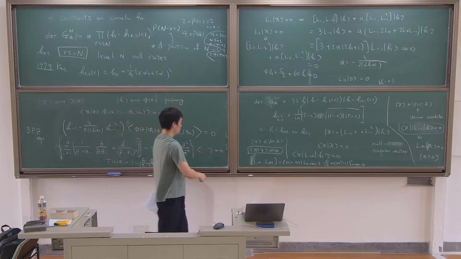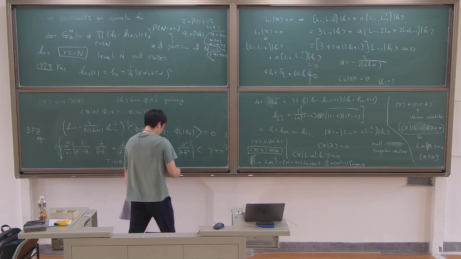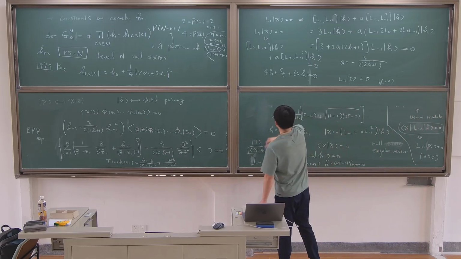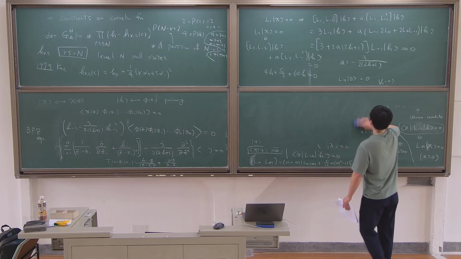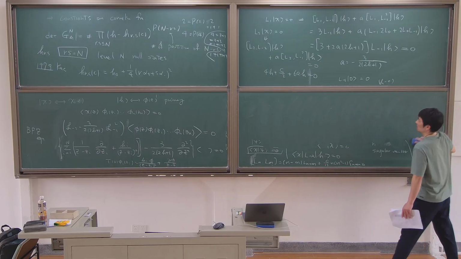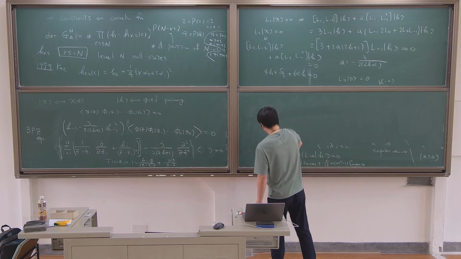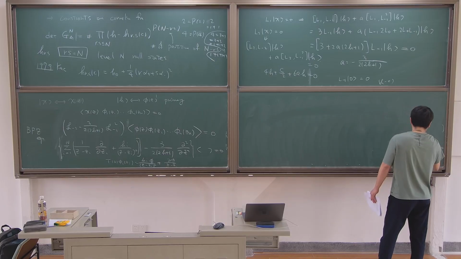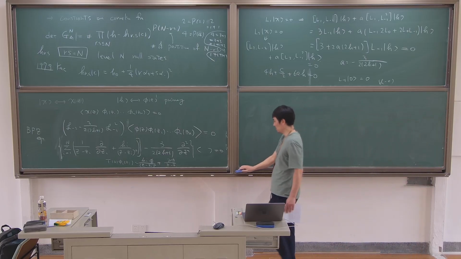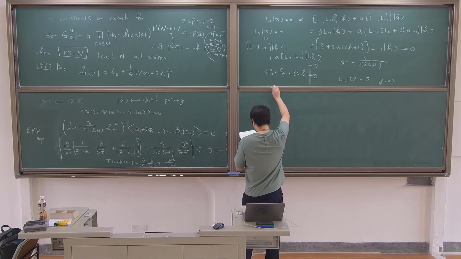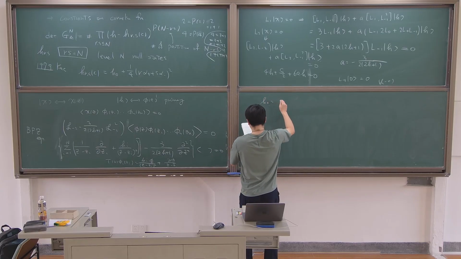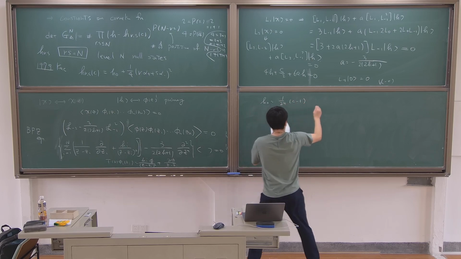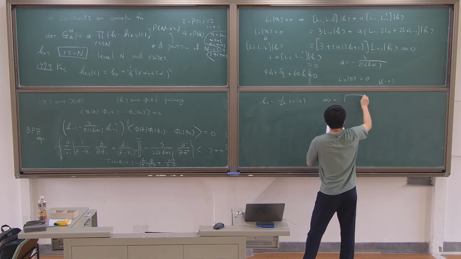I will write down what h_0 and alpha_{r,s} are. So h_0 is equal to (c minus 1)/24, and alpha is given by this number.